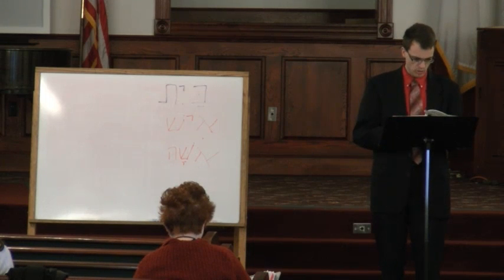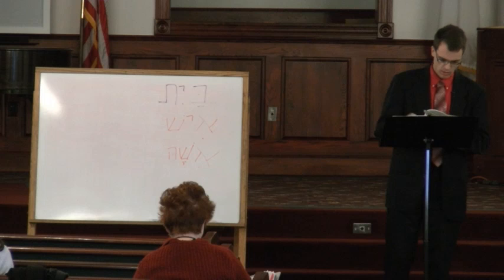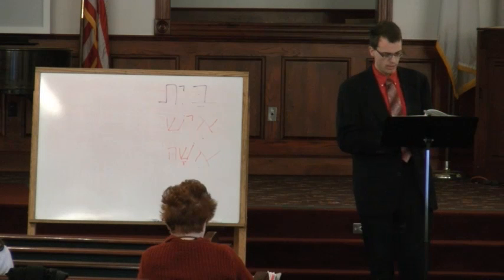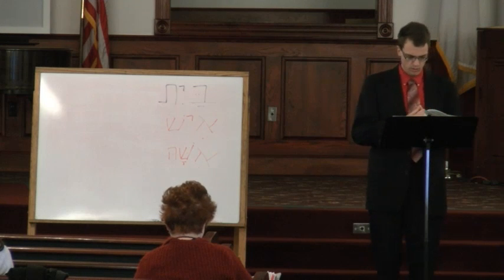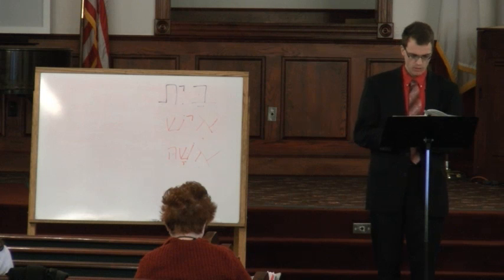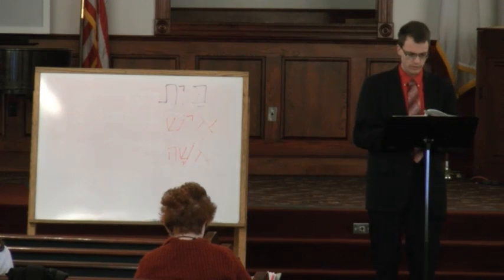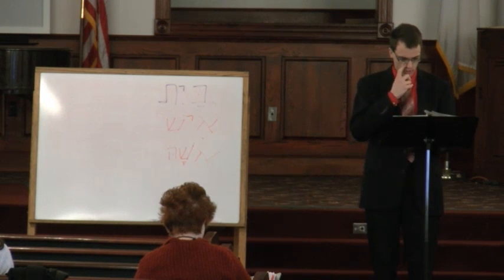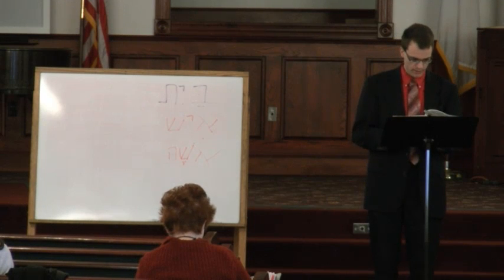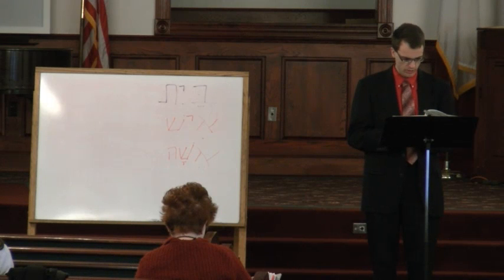Then we have number. Hebrew nouns can be either singular, dual, or plural. The dual is a pretty small category. Obviously, practically every word can be singular or plural. The dual and plural have special endings, but the singular doesn't.